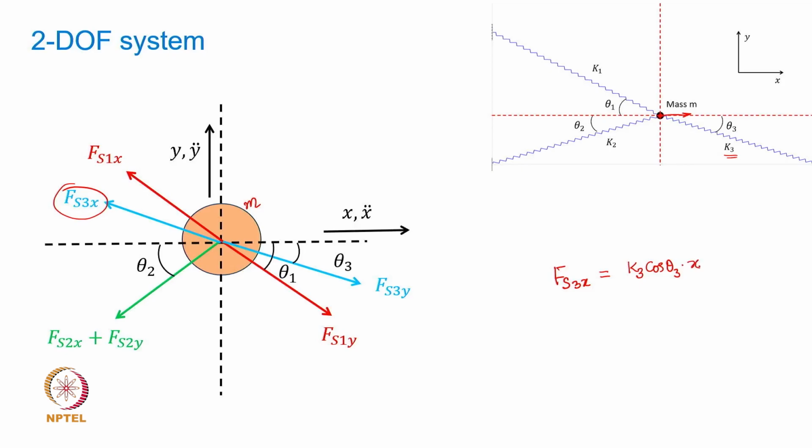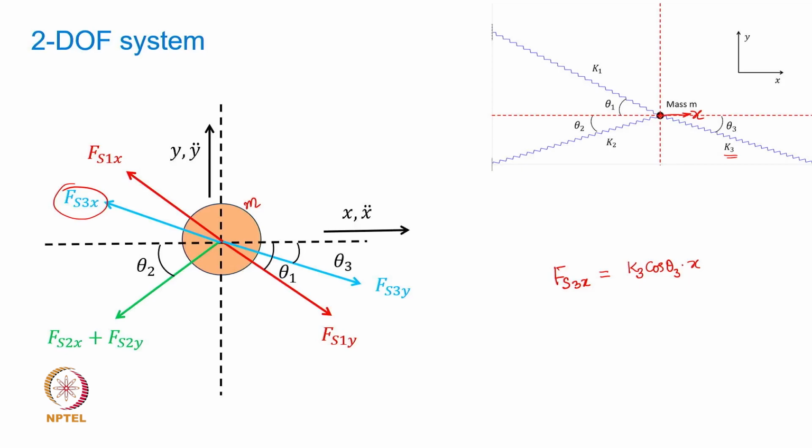So if this displacement is x, then K3 cos theta 3 x is going to be the force on the mass m acting from the spring S3, which has a stiffness K3, in the direction which is shown, because the spring getting compressed, the mass is going to get pushed back.